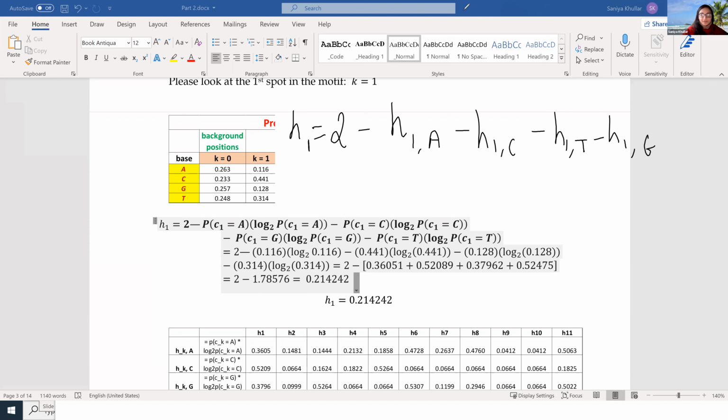Maybe let me just make this align closer with this formula. So this would be the G and this would be the T. So the same exact idea.